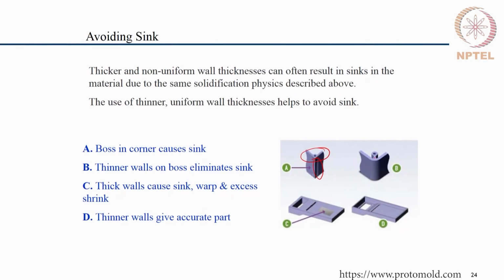We can change the design so that there is a constant wall thickness. I am just redrawing this for clarity. This thickness is kept uniform everywhere to avoid the sink marks. Thicker sections can be avoided wherever possible.